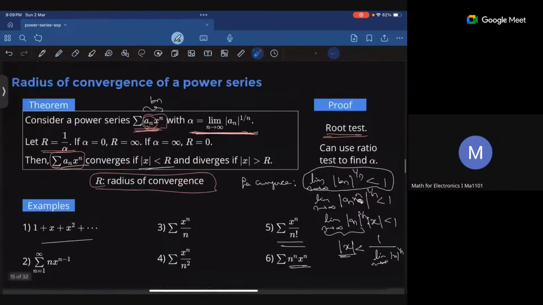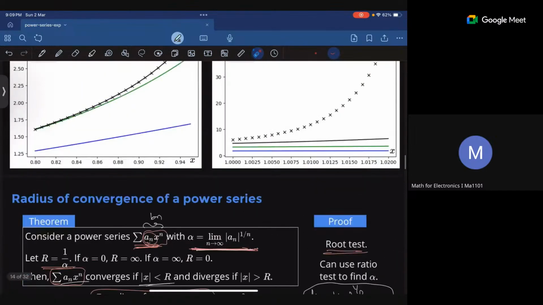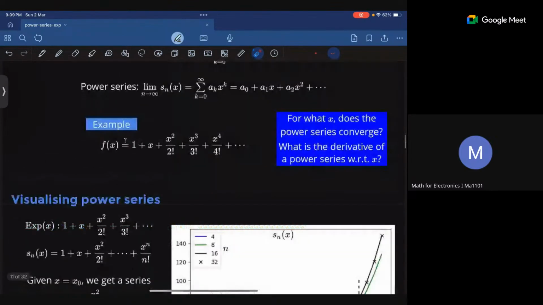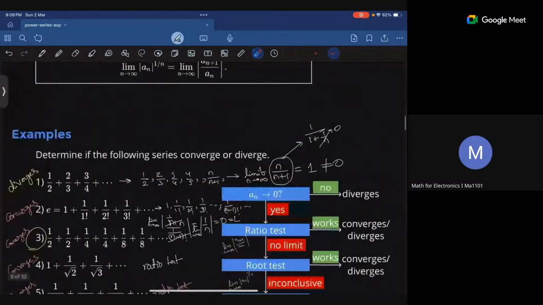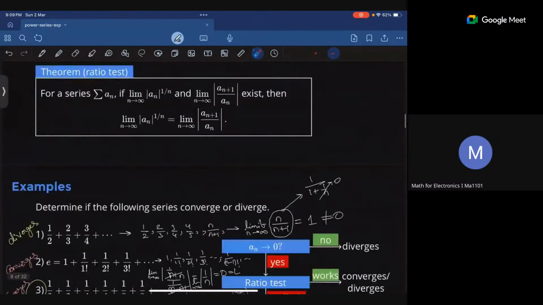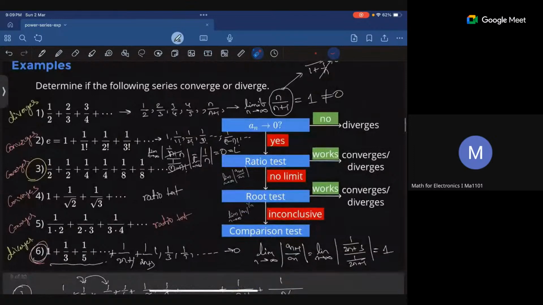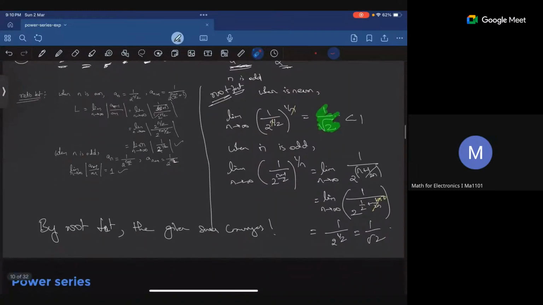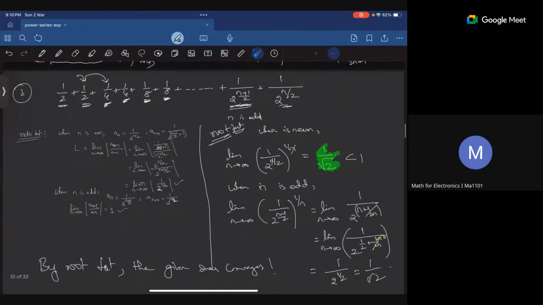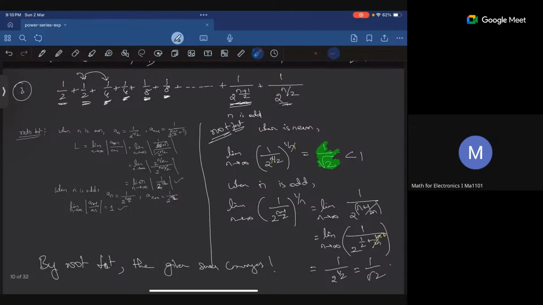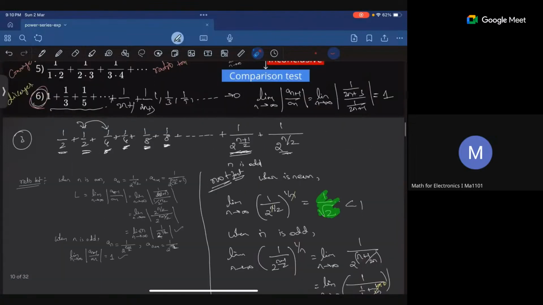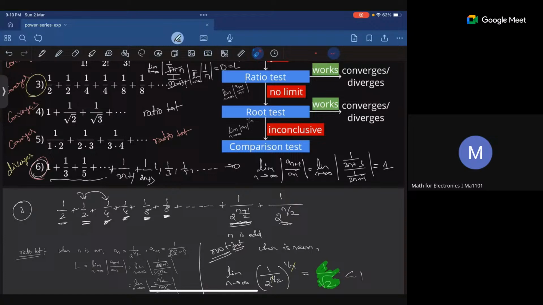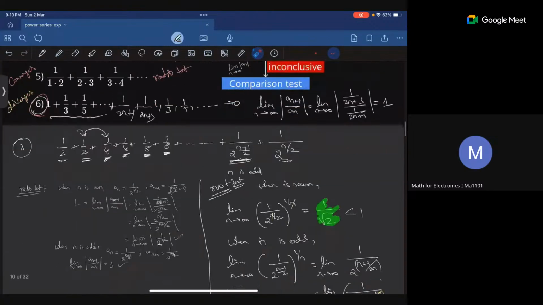Any doubt here so far? What we have discussed is the root test and the ratio test, and we have seen some examples of both. Some examples also showed where the ratio test fails but the root test helps us. And in some examples, like example 6, both tests fail and we have to use the comparison test.